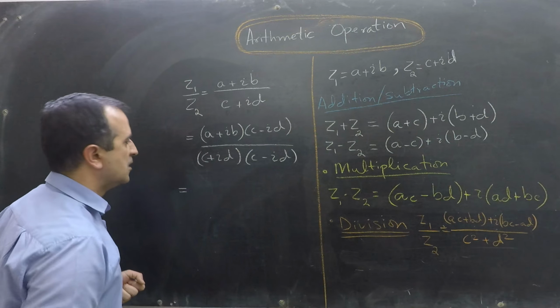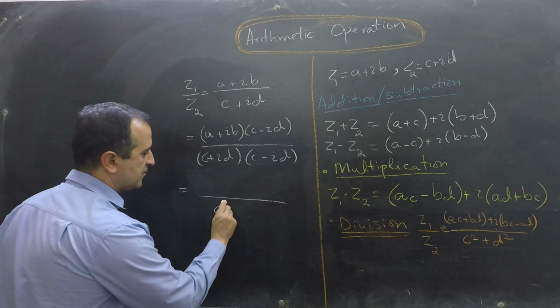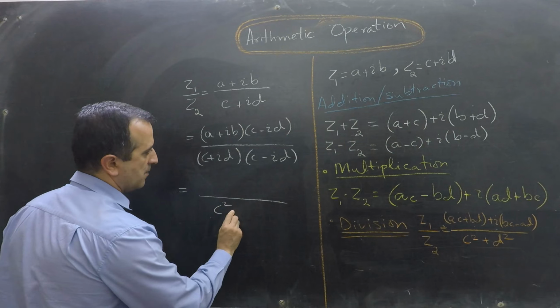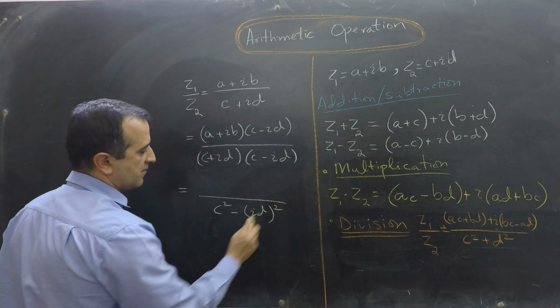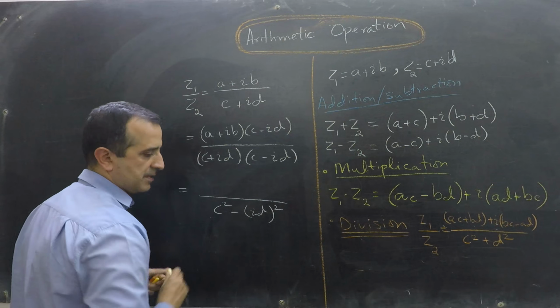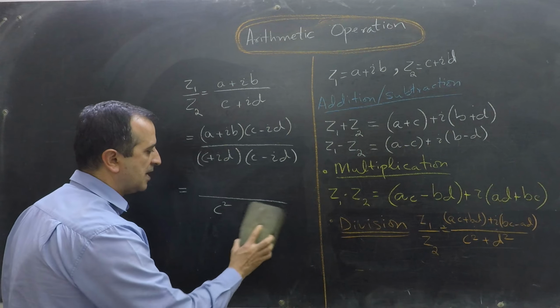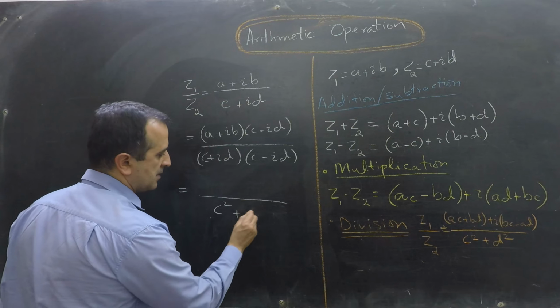And this will be equal to, in the denominator, c square minus iota d whole square, where iota d whole square will be minus d square. So in the denominator I will have c square plus d square.